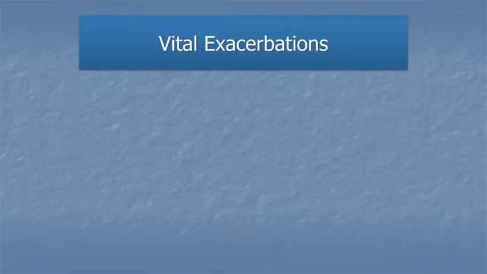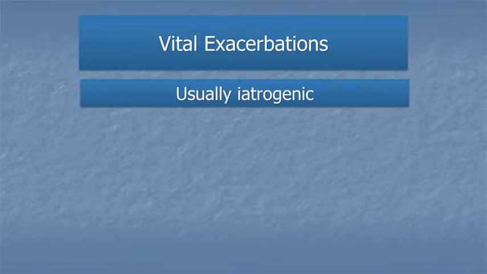Vital exacerbations have a series of factors that are usually associated with them. One is that they are usually iatrogenic. That means that something procedurally has happened to cause the patient to go from an asymptomatic condition to severe pain.